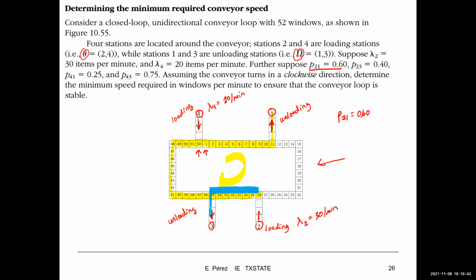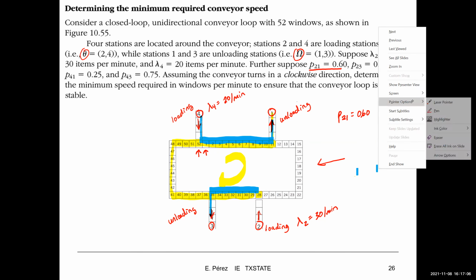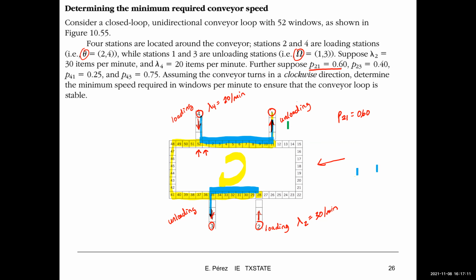P41 equals 0.25. That's basically looking at this loading station up to 1. And then P43, you're gonna go all the way from 4 to 3, from here up to here.